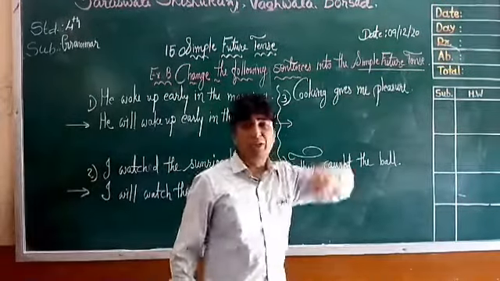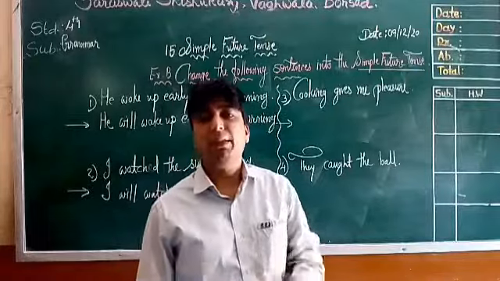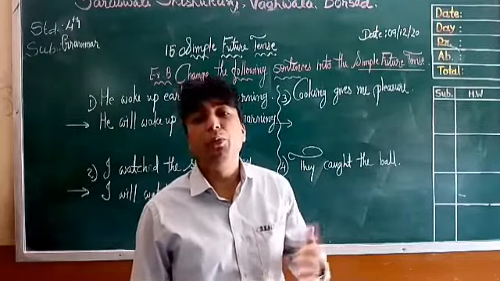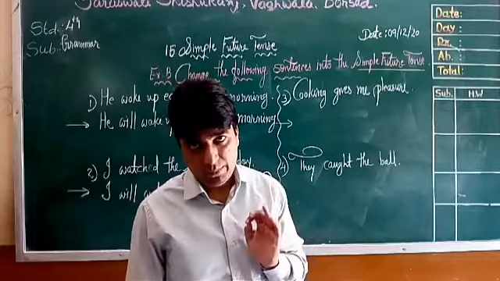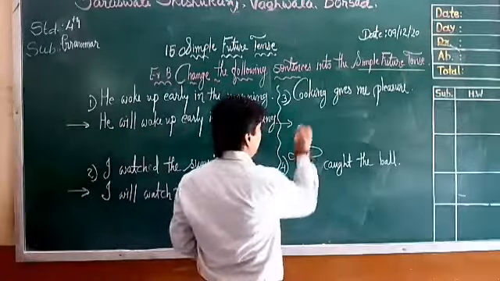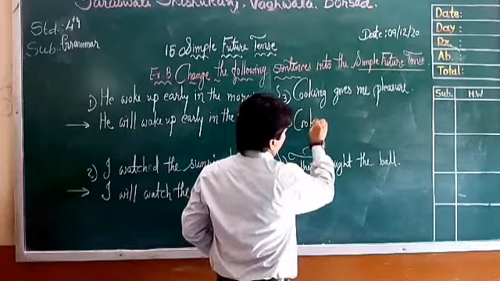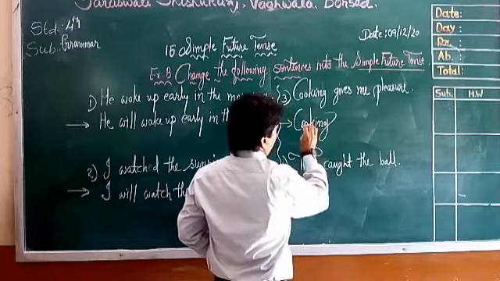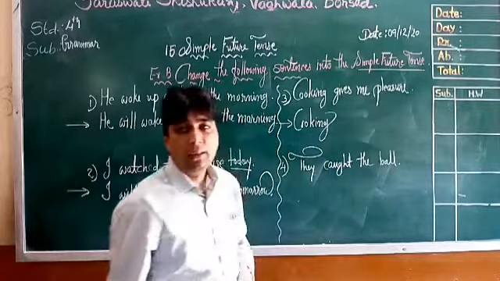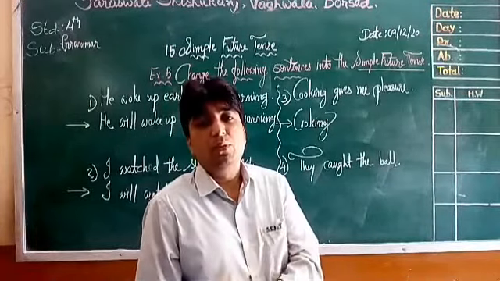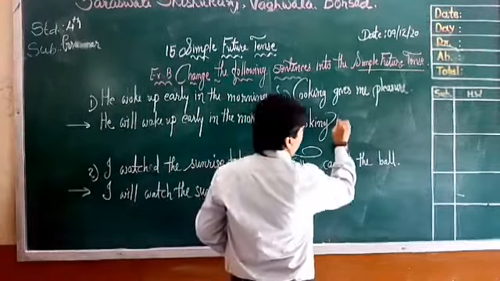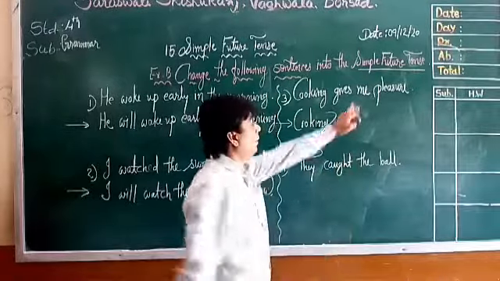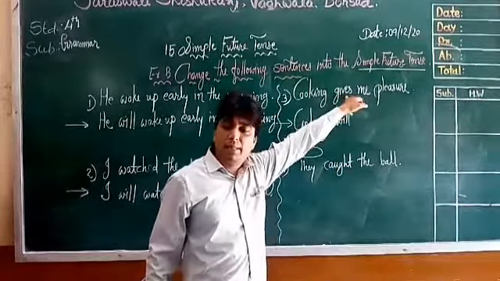Cooking gives me pleasure. Now here there is no I, you, we, she, they. The subject is cooking. We are talking about cooking. So first we write cooking. Then as per the rule there must be will after the subject. Cooking will gives.